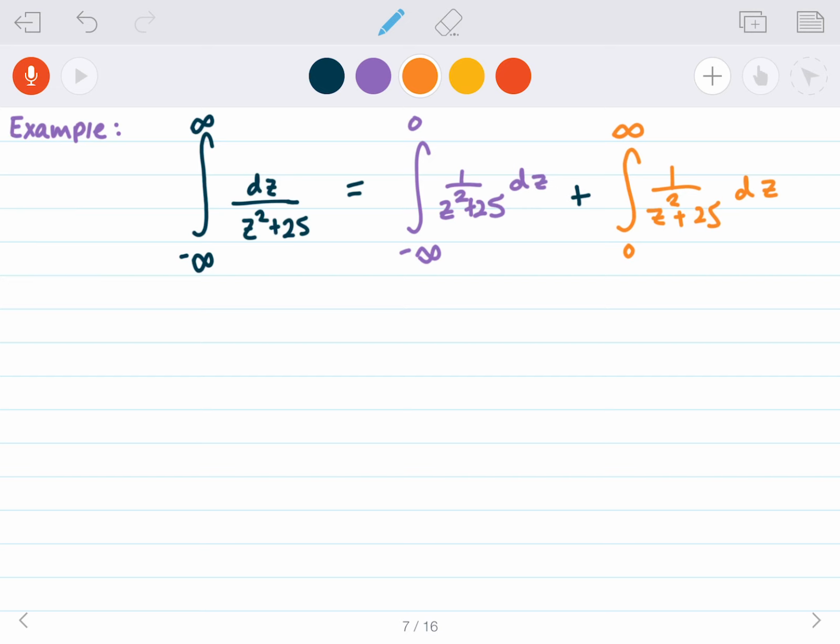And the reason we're parsing this up is so that we can use those definite integrals to actually get an answer here. So let's go ahead and use my limit definitions. For the purple part, I have the limit. Here I'm replacing the lower bound. So I have the limit as a goes to negative infinity of negative infinity to 0 of this guy.